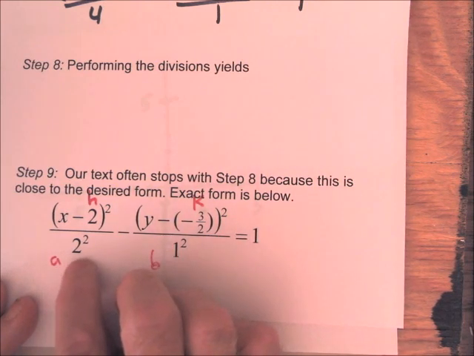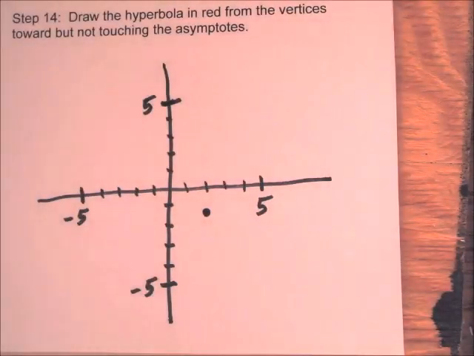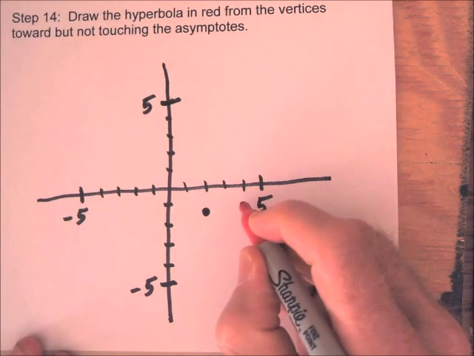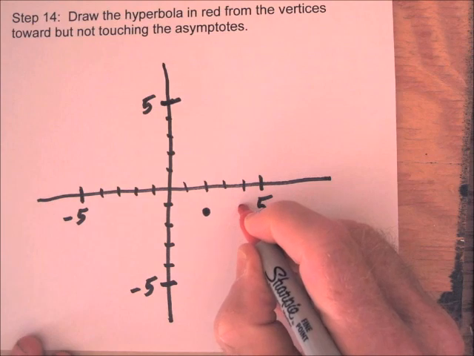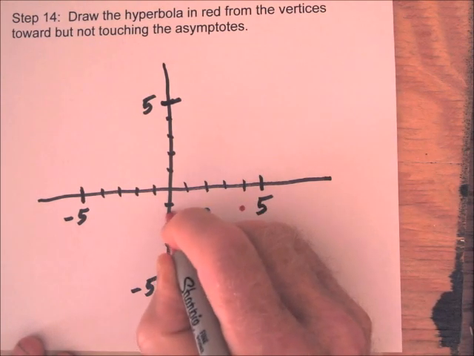But x squared is before the minus sign, so we go left and right 2. a equals 2 from the center. And those are the vertices. Okay, so let me plot those. We want to go 2 to the right and 2 to the left from the center.